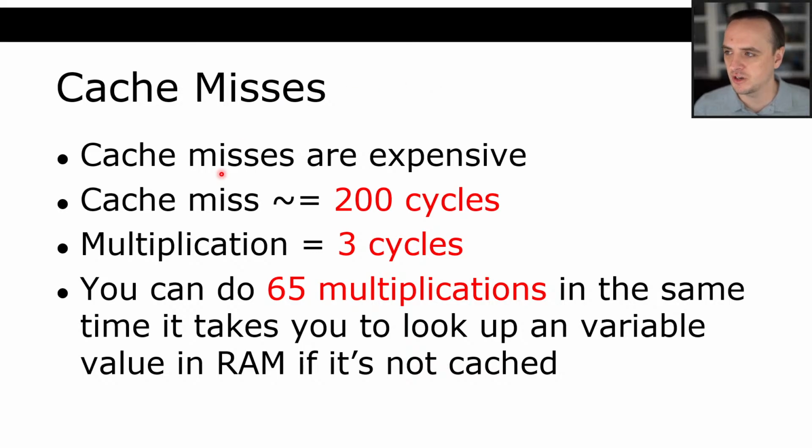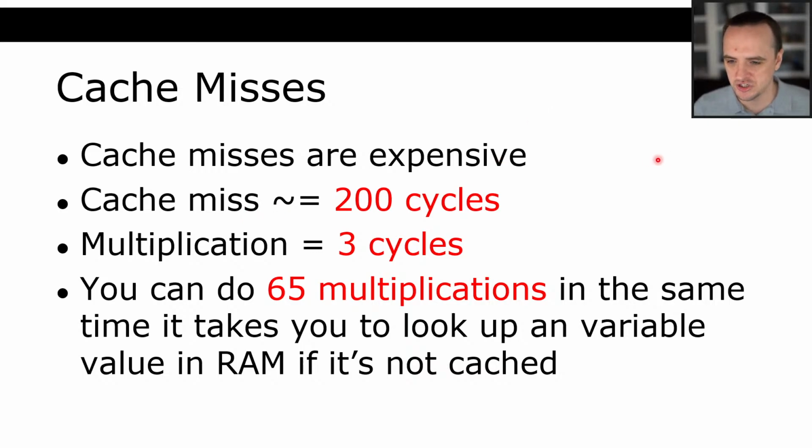If you look up something in RAM and it's not in cache, that's a cache miss, and it costs you about 200 CPU clock cycles, over the near instantaneous lookup in about 2 cycles of something in the cache.